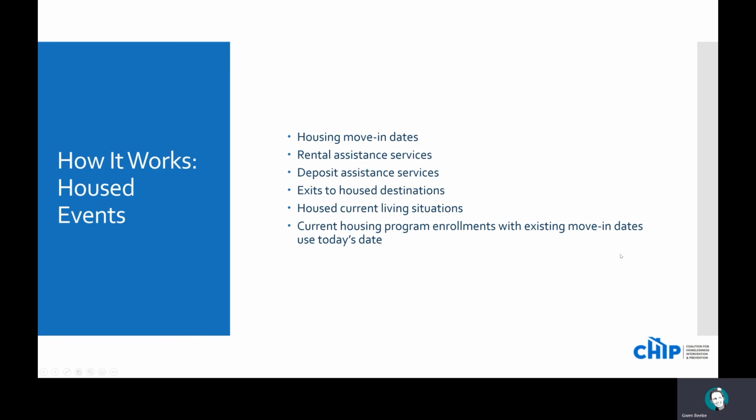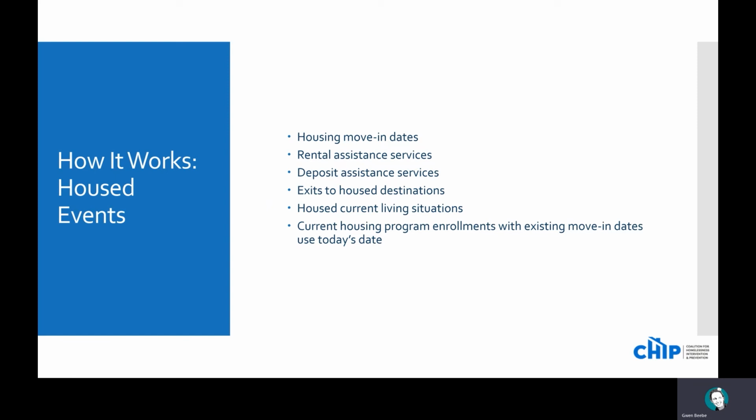Housed events are very similar. Any program with a housing move-in date, we'll grab that housing move-in date. If we have a program and we see they're paying rent for somebody, we'll assume that they have moved in, and there's just no housing move-in date yet, because we aren't paying rent for folks that are unhoused. Same for deposit assistance, we'll pull that onto the list as a housed event.